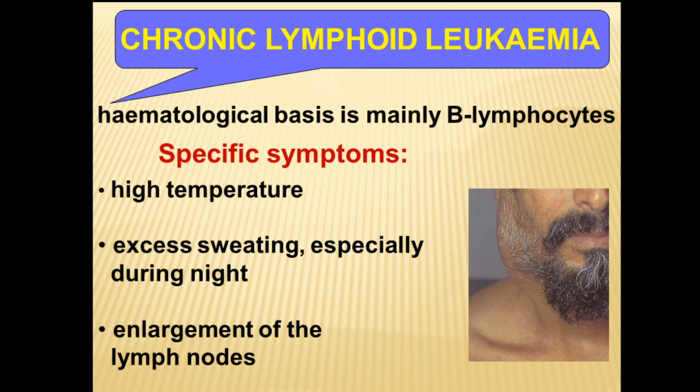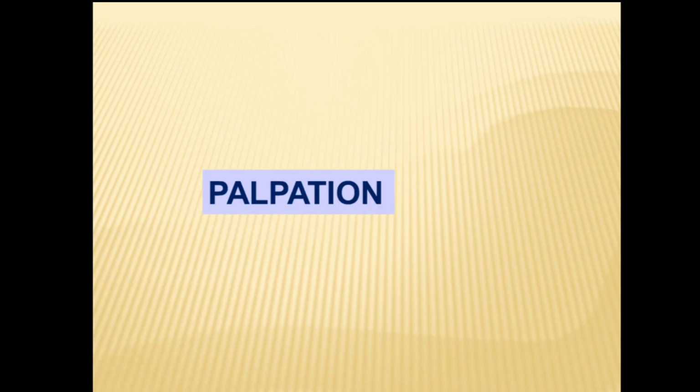It is easier if the peripheral lymph nodes are primarily involved in the pathological process and the patient goes to the doctor early. It is worse if the lymph nodes that are enlarged are not visible, and the patient enters different departments with different pain in the chest, abdomen, and other inner organs.